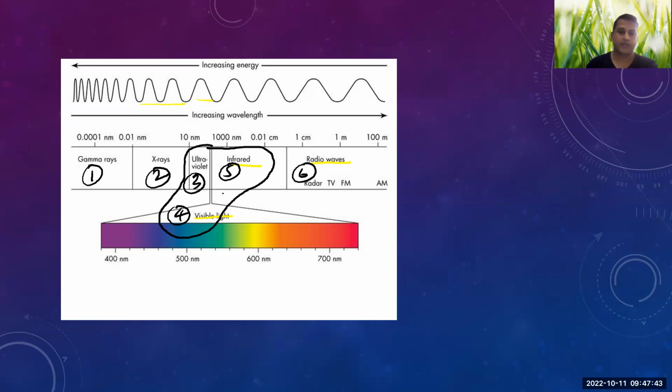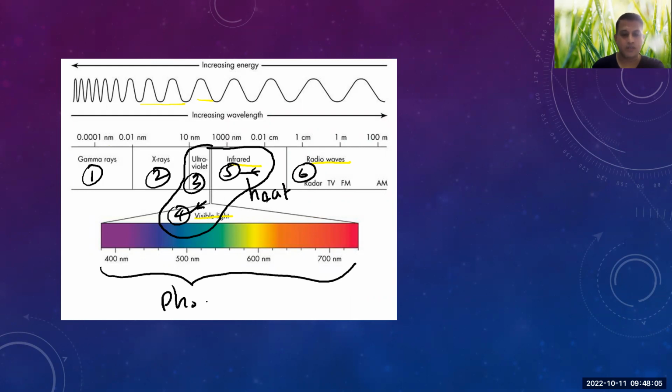And out of these three, we get mostly visible light and infrared light. So infrared light is used to heat the Earth's surface, and visible light is used mostly by photosynthesis, because this has energy.